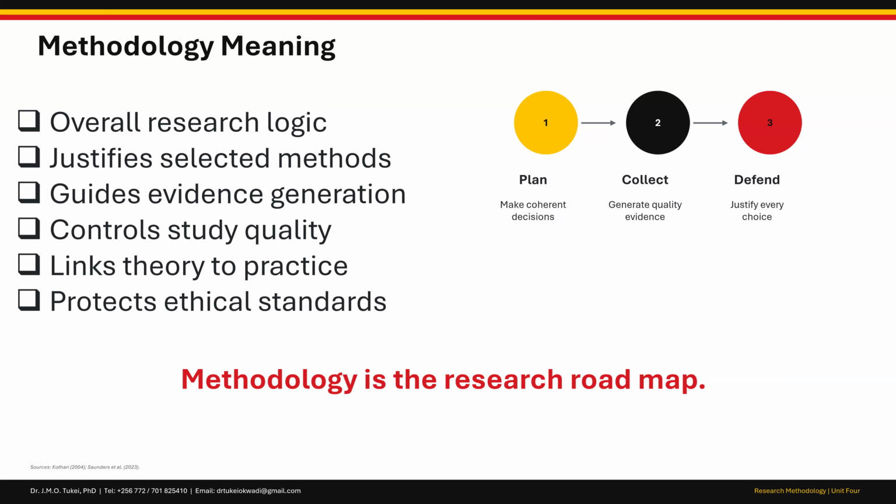But of course, colleagues, what is important for us to understand is what research methodology is all about. This is what we ought to understand, and get it very well.